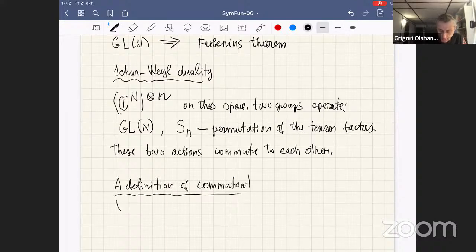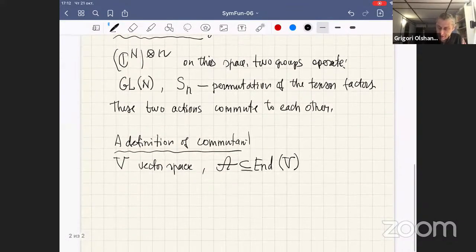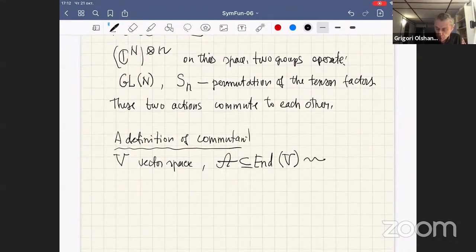So assume we have a vector space, and the script A is some algebra of operators on this vector space. Then we assign to it its commutant, often denoted as A prime.